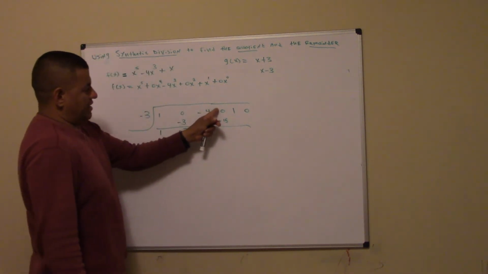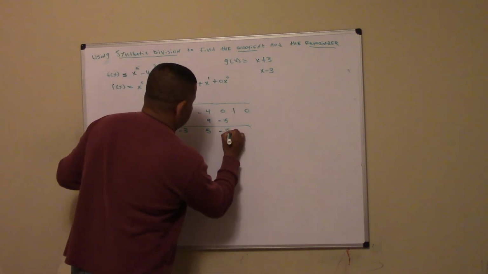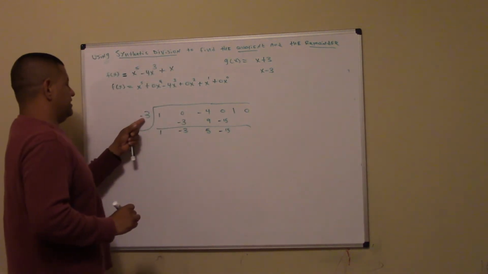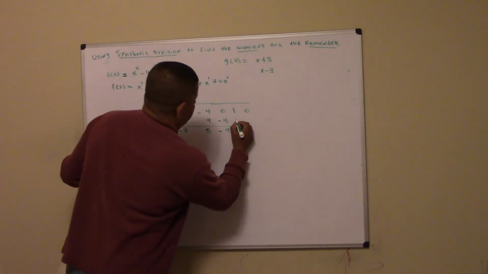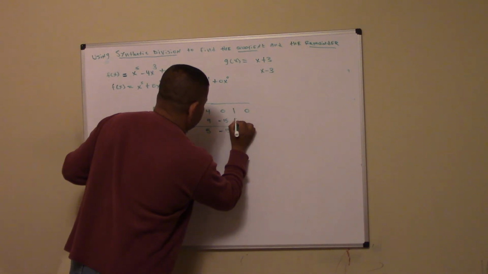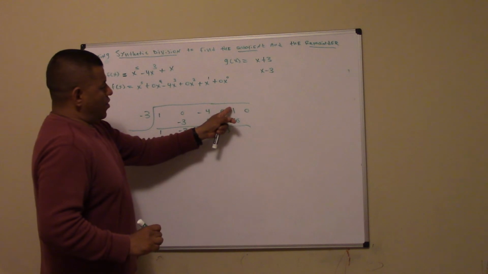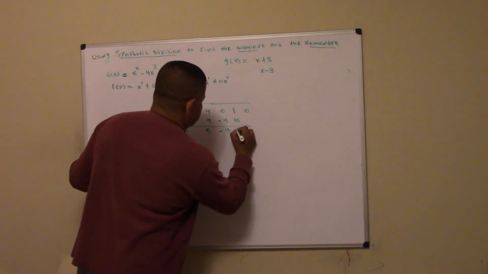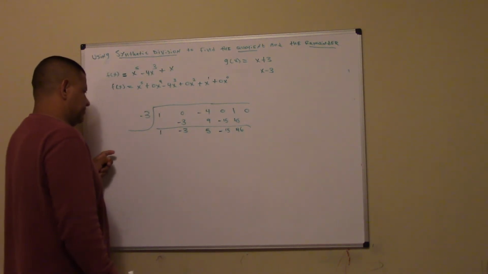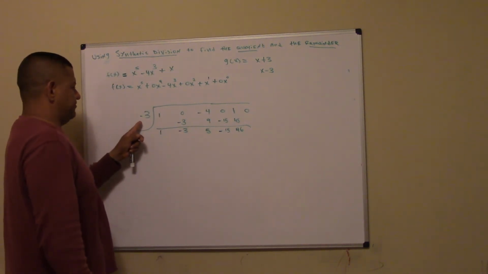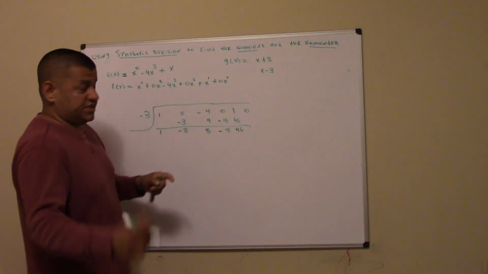Okay. 0 plus -15 is -15. -3 times -15 is positive 45. 1 plus positive 45 is 46. Then notice that I still have a 0 right there, so I have to go one more time.